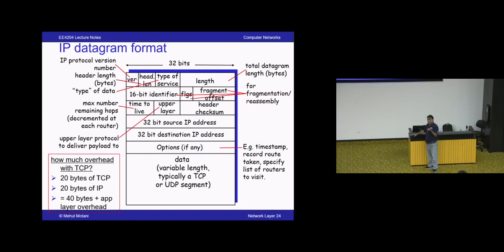So it's clear why the destination IP should be there, right? Why does the network layer header need to contain the destination IP? Let's make sure we understand why. So why is there a destination IP address in the network layer header?